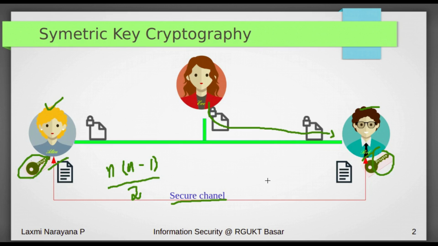Whenever a user wants to change his key or a new user wants to participate in the system, n minus 1 new keys have to be generated and distributed over n minus 1 secure channels. This means we need n minus 1 new keys and n minus 1 secure channels for one new user.